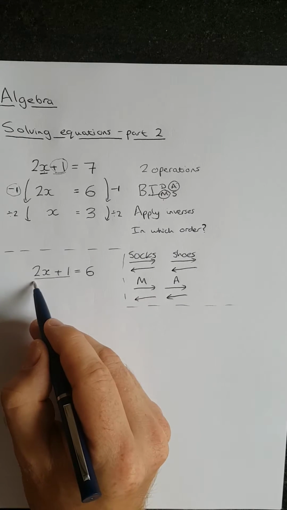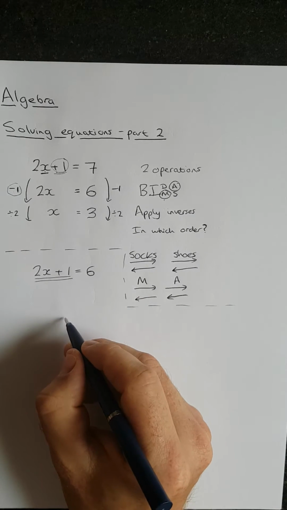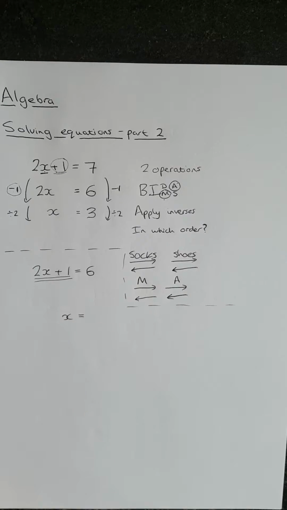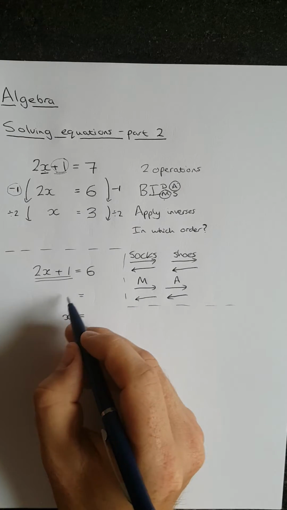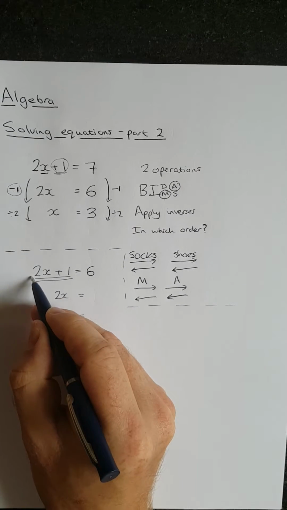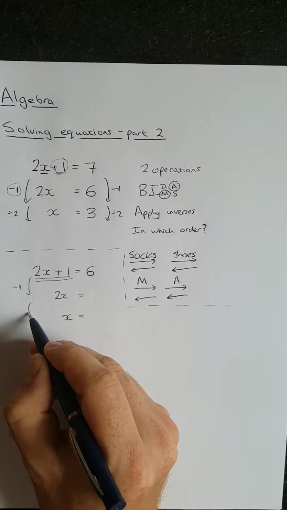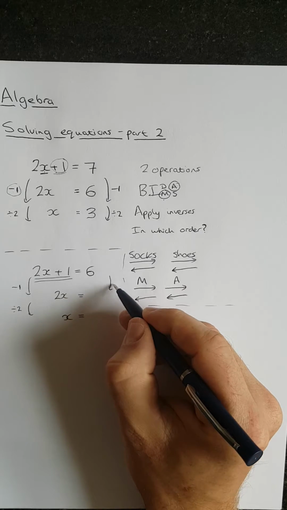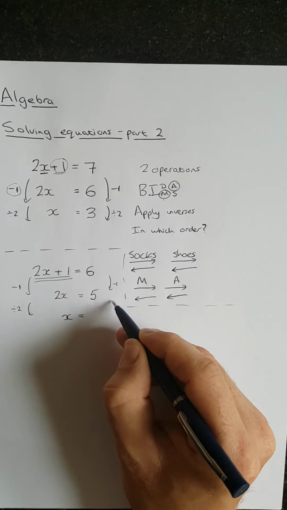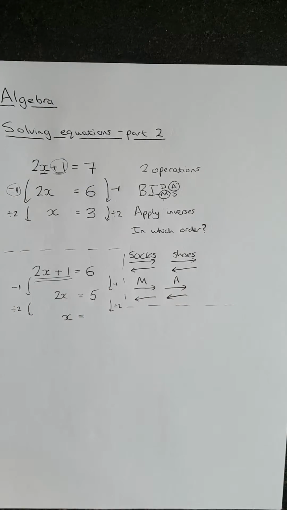What operations are we going to apply to get down to x? Well, it's exactly the same as the first example. We're going to subtract 1 and then divide by 2. So I'm going to subtract 1 and I'm going to divide by 2.